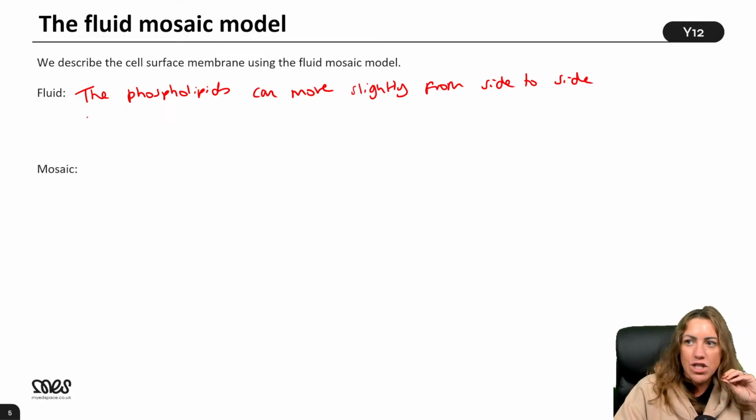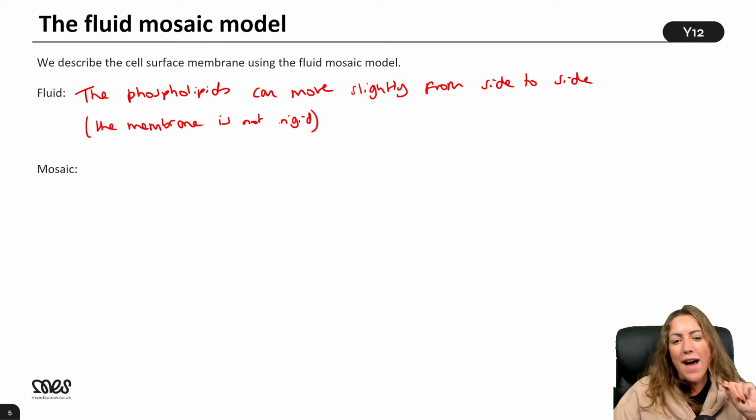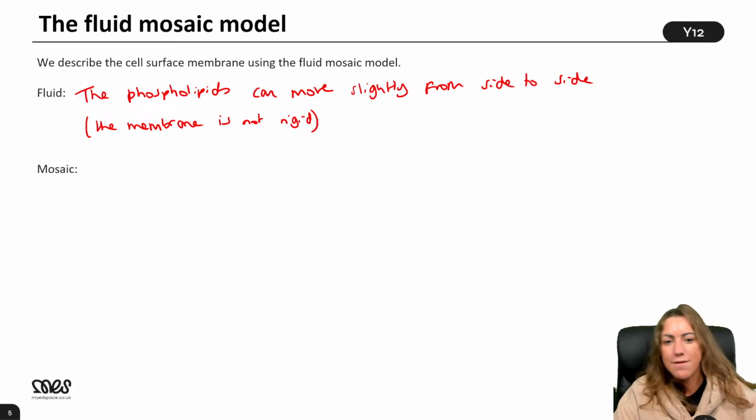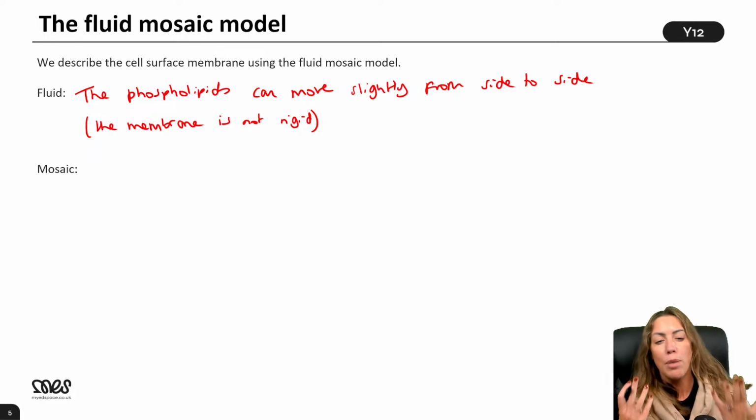Someone said it's not rigid. That was quite good. I like that. The membrane is not rigid. Can you think of a factor? I'm just going to push you a little bit further. Can you think of a factor, using what you know about maybe chemistry, something that might make the membrane become more fluid and therefore more permeable? Because if the membrane does become more fluid, if the phospholipids start moving more, it becomes more permeable.